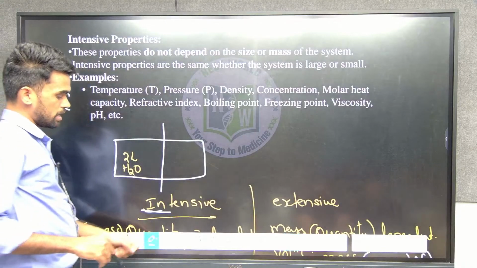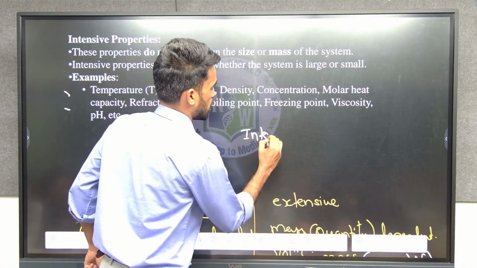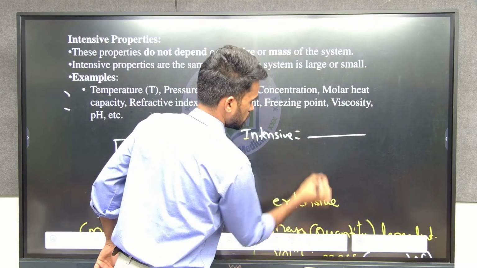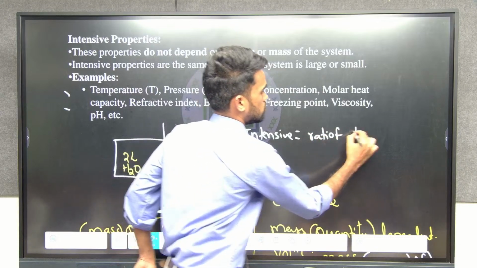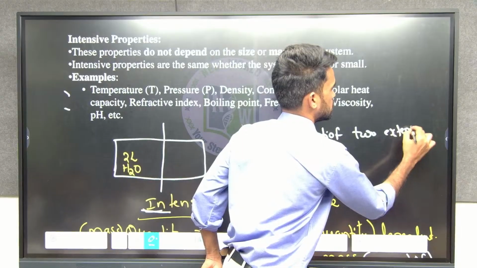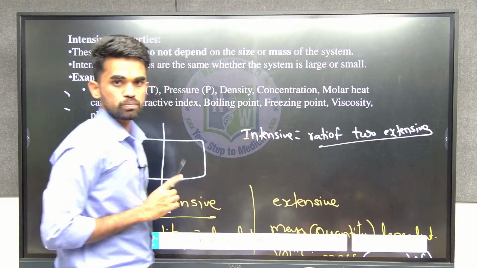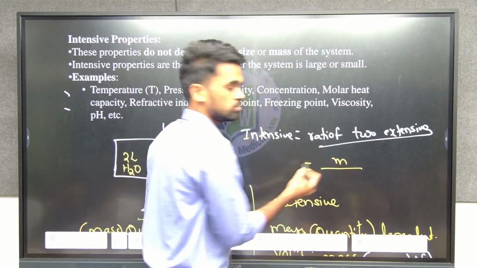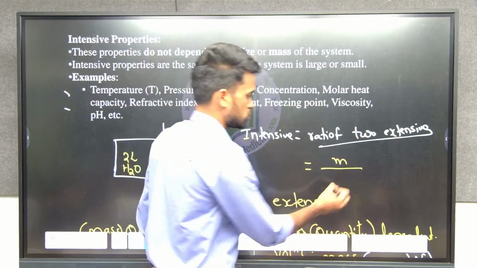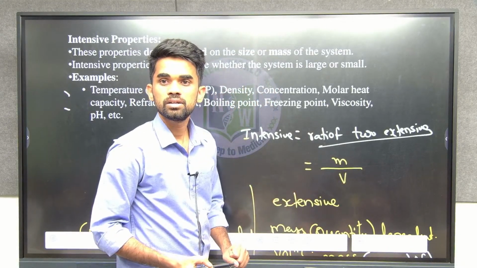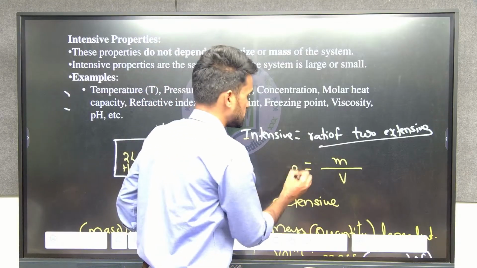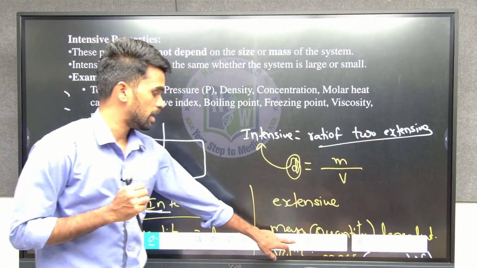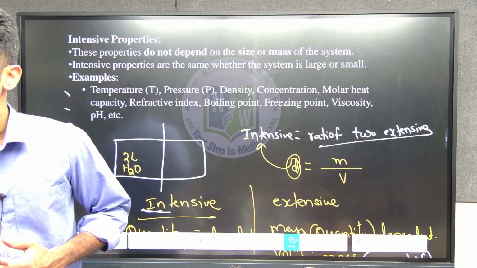Okay, and one more relation you should remember: the ratio of two extensive properties is one intensive property. For example, is mass extensive or intensive? Volume, extensive. So mass by volume is what? Mass by volume is density. So this density is intensive. Like if I ask the density of water, you will say 1 gram per ml.